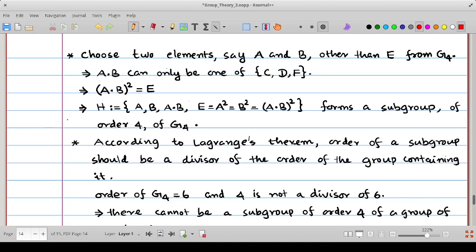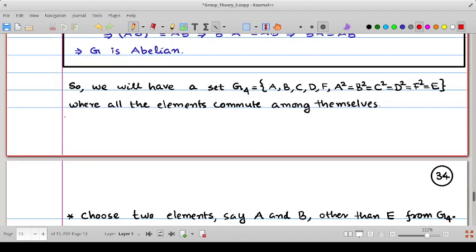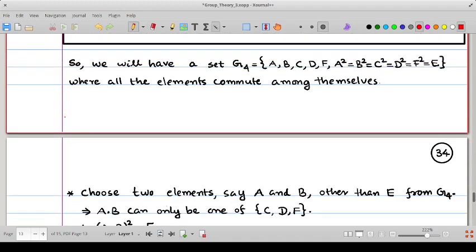Therefore, the only possible resolution of this contradiction is that we cannot construct a group of order 6 with this choice of elements.